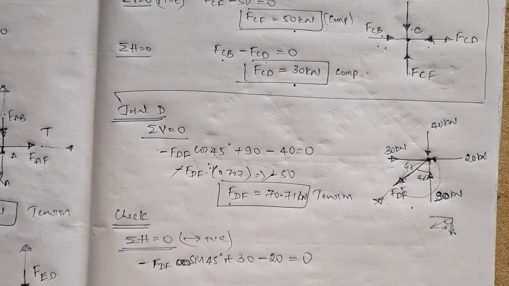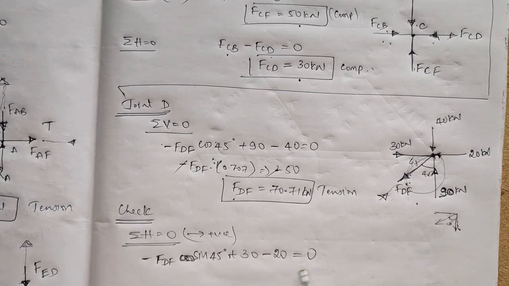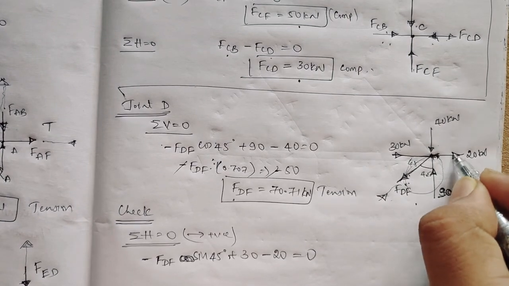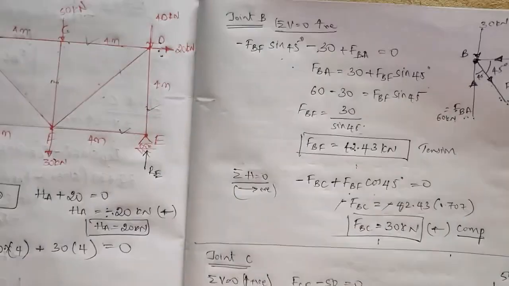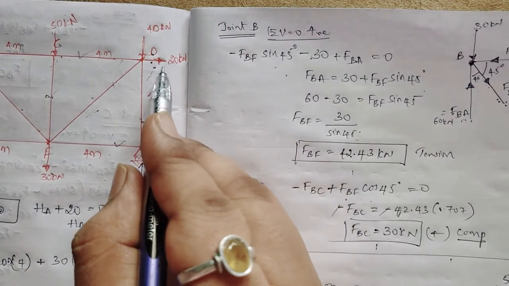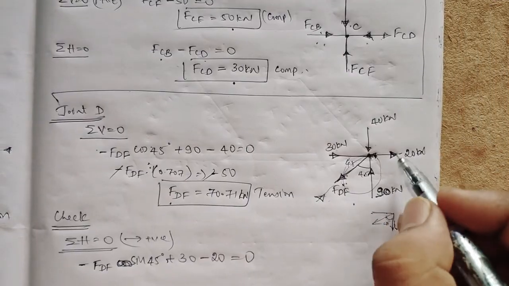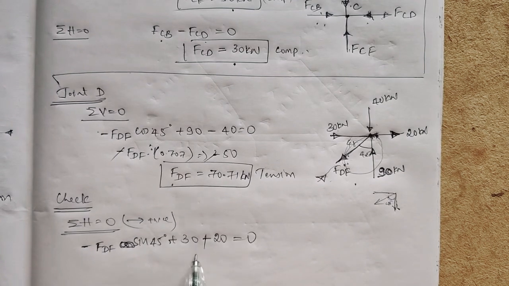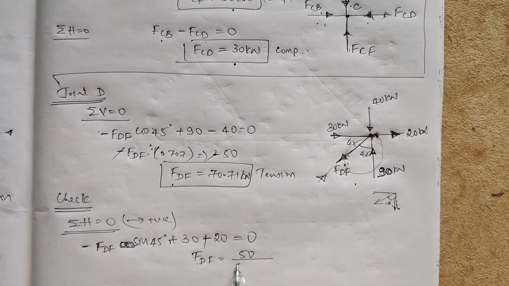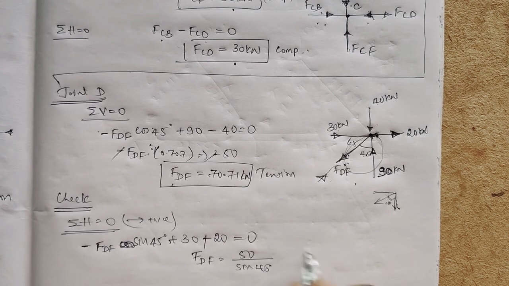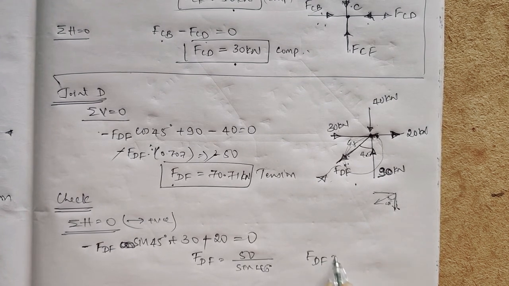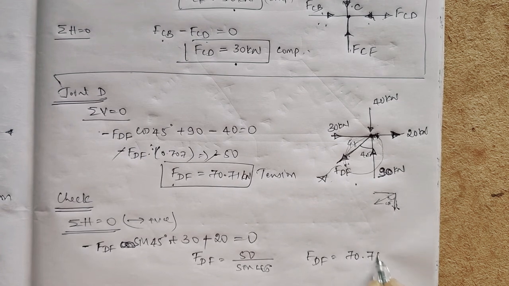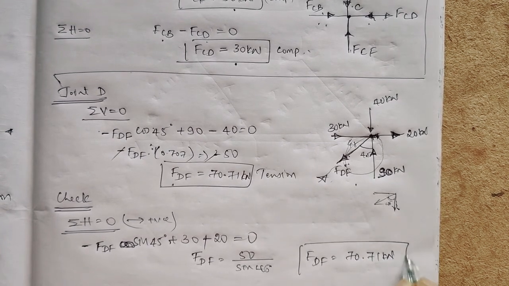Now this 20 is towards this side, sorry, see the question, 20 is towards outside. So when you take this 20 outside, it will be positive, and you will get the same answer, that FDF is equal to 50 divided by sin 45. So FDF will be 70.71 kilonewton.